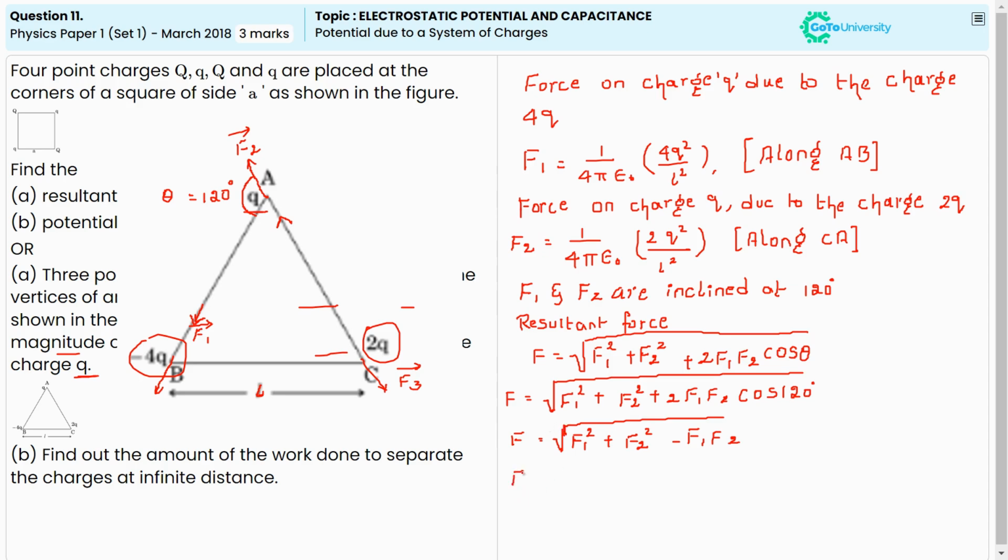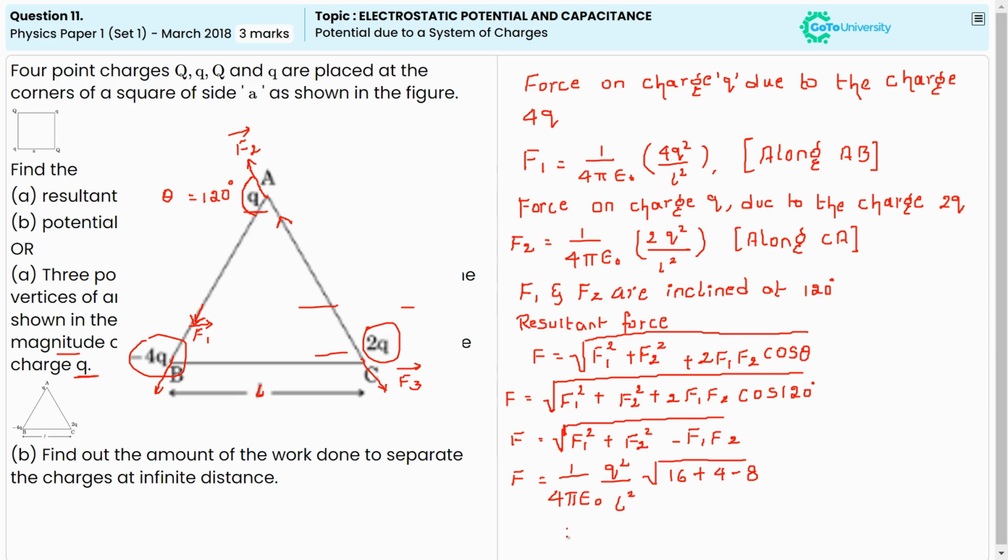Then we know the values, substitute the values, we get the answer: 1 upon 4 pi epsilon naught into Q square divided by L square under root of 16 plus 4 minus 8.